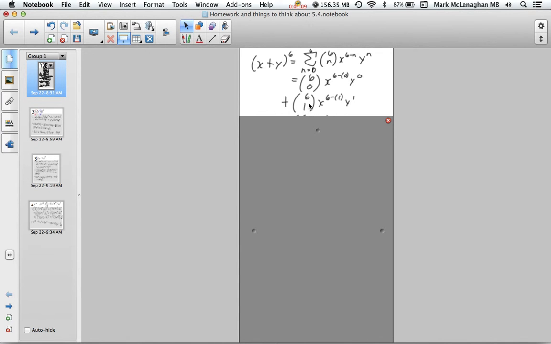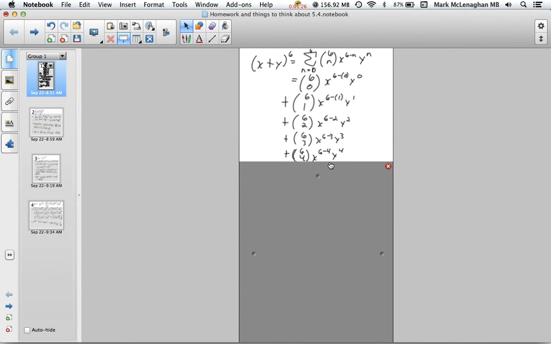Note that this is just another way of writing 6 choose 1, or 6C1. Here we have 6 choose 2, x to the 6 minus 2, y squared. n equals 3, again the same thing, 4, 5, and we keep going until 6.